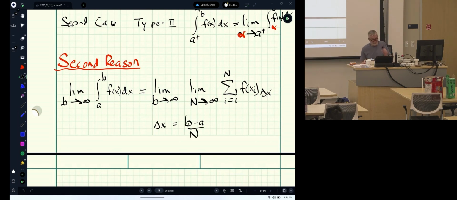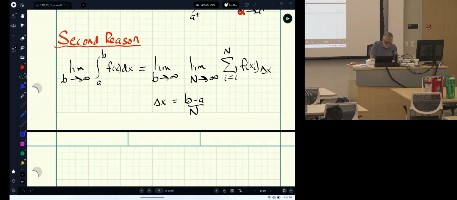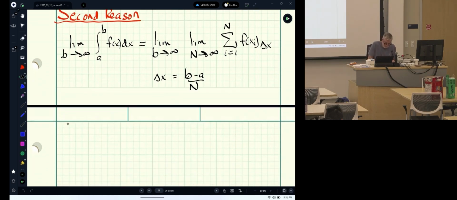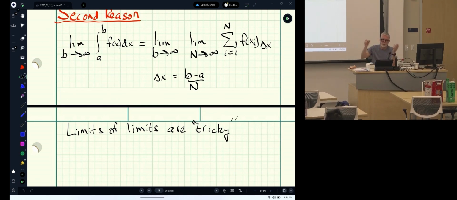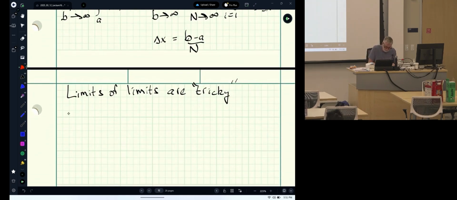Okay, so there's actually two limits here. You have a limit of a limit. And if limits are hard, limits of limits, they're tricky. I don't mean tricky in the sense of me trying to deceive you. I just mean tricky in that you can make mistakes very easily. That's all. Okay, so you just have to respect them. And it's really a subject of Math 451.